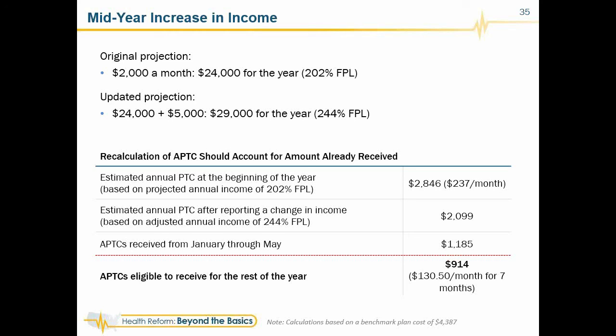So at the beginning of the year, he was receiving $237 per month. Based on his recalculation, the annual amount should be $2,099, but we need to account for the APTC he's already received. So we need to subtract out APTC from January through May, and that gives us a new amount, $914, that we need to apportion throughout the next 7 months. So that would be $130 a month. So that's what the regulation says.